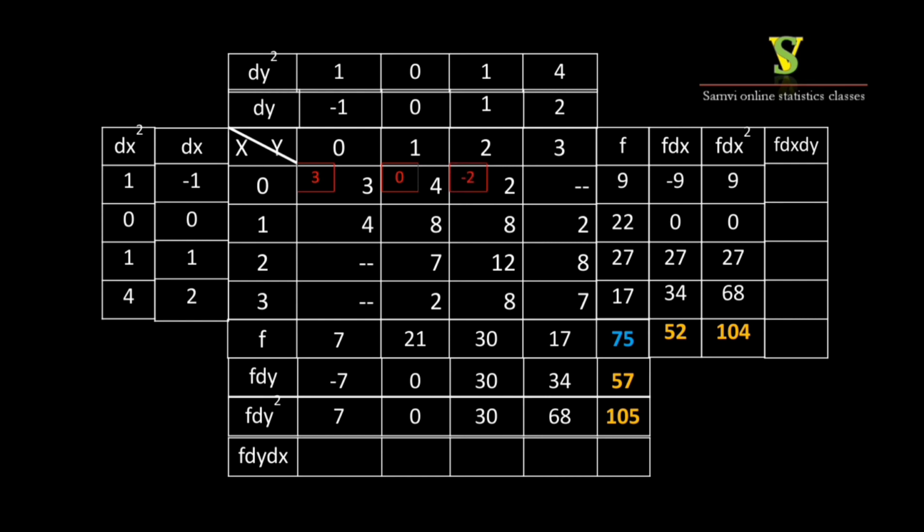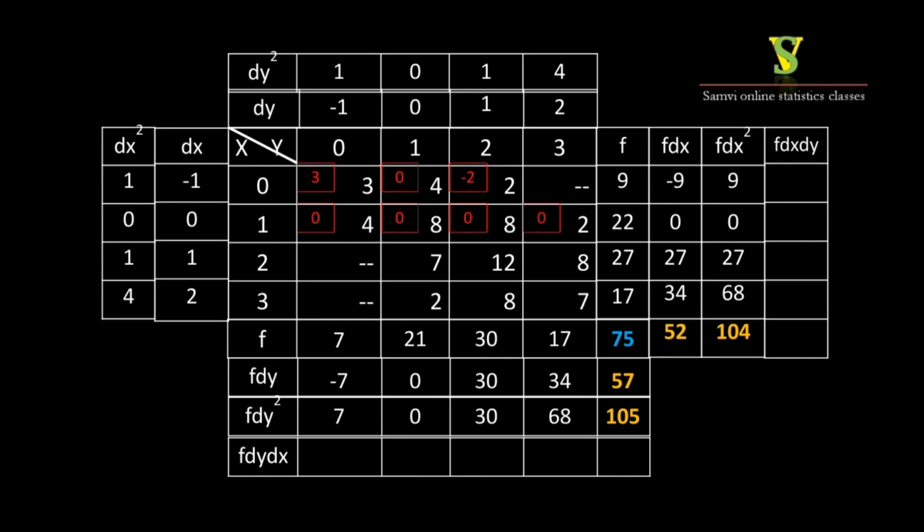4 into 0 into -1, we'll get here 0. 8 into 0 into 0, we'll get here 0. 8 into 0 into 1, we'll get here 0. Next is 2 into 0 into 2, that is 0.